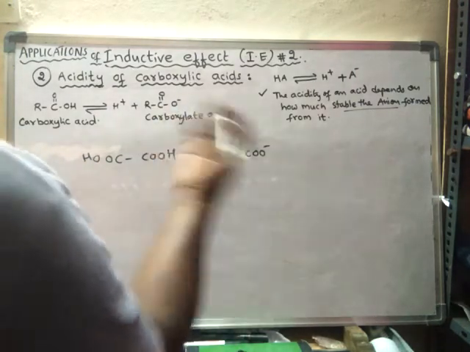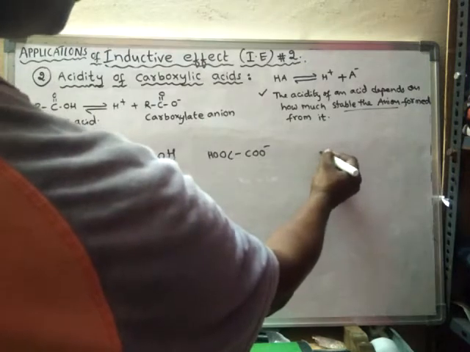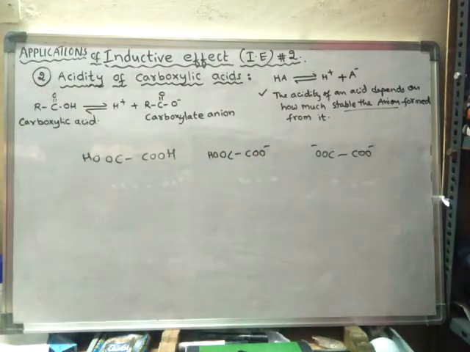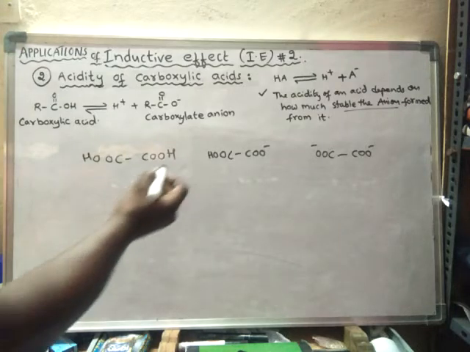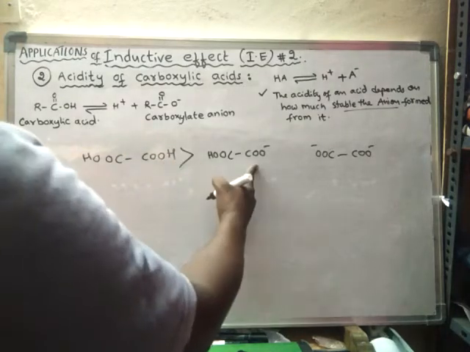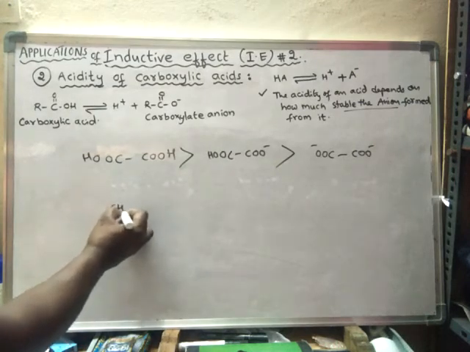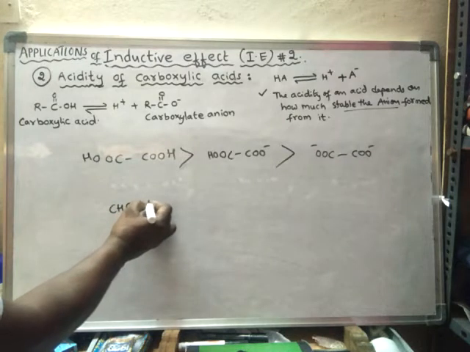If it loses one more proton, it becomes COO minus, COO minus. Out of these three, which one is more acidic? The acid is more acidic than the mono-anion, and the mono-anion is more acidic than the di-anion. Next one.